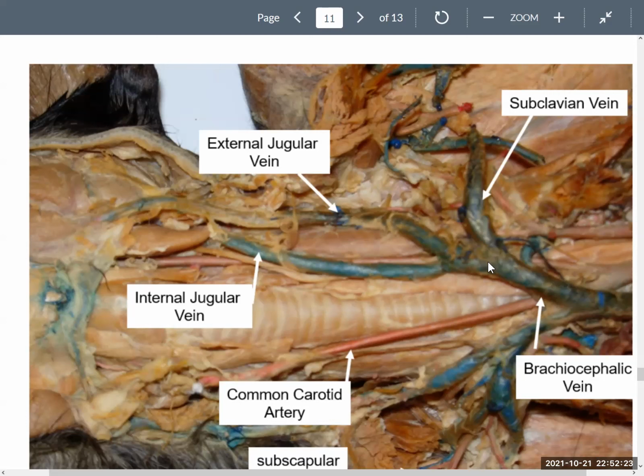Brachiocephalic vein, internal jugular, external jugular. Here's the subclavian. This is going to be the subscapular going downward. The brachial continues on. I would never ask the brachial here because it's partially covered with something here.